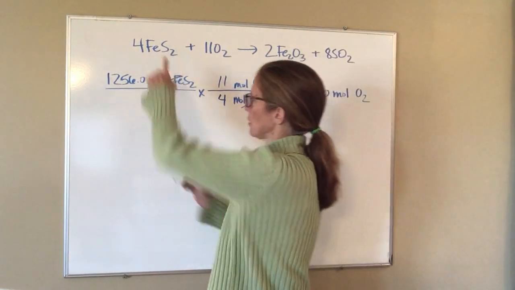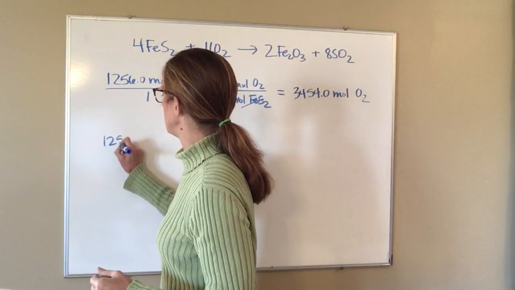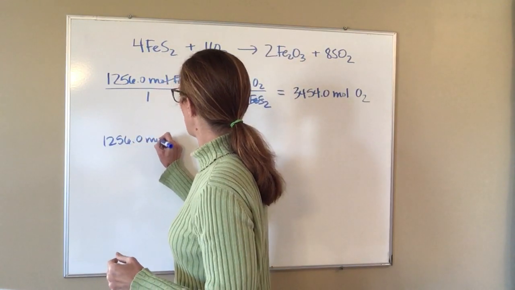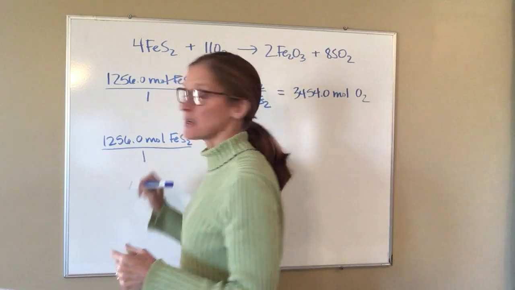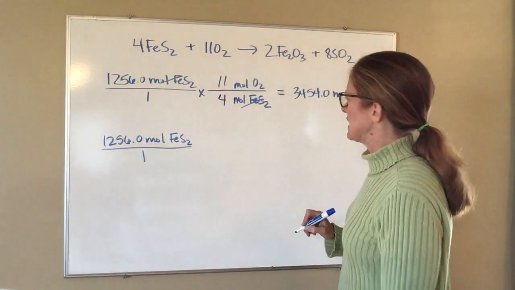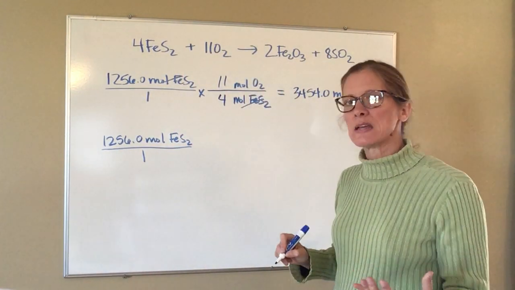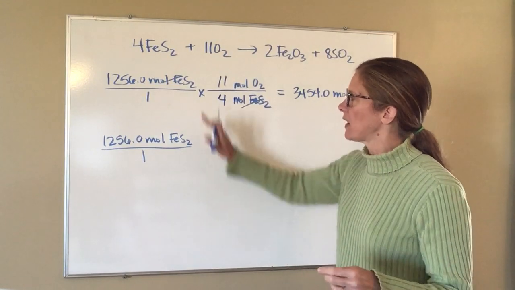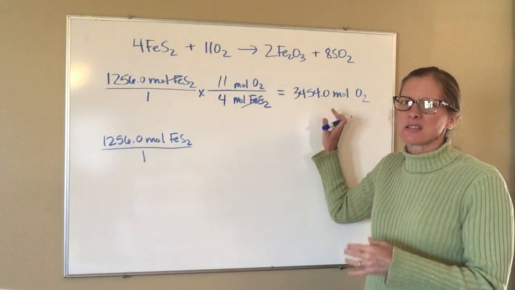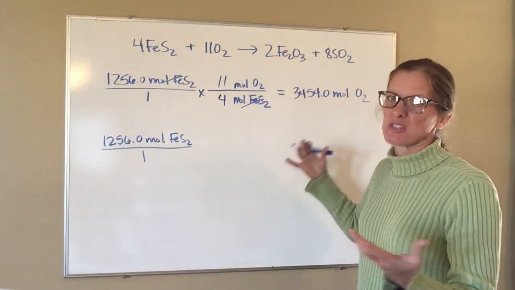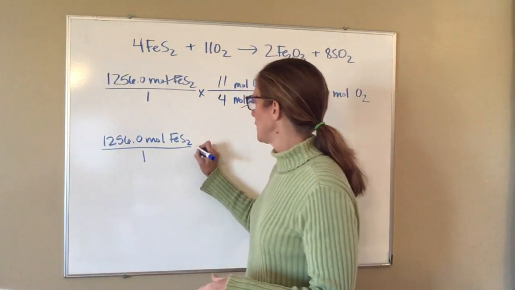So I'm going to start with the 1256.0 moles of FeS2 because, again, that's what they gave me. And if I have a choice, I'm going to tend to stick with what they gave me as opposed to what I calculated up here, just in case I happen to make a mistake so that I don't carry that mistake through someplace else. Okay?